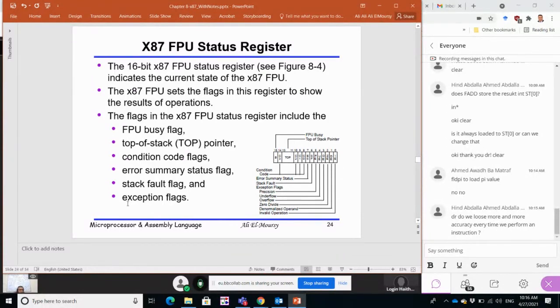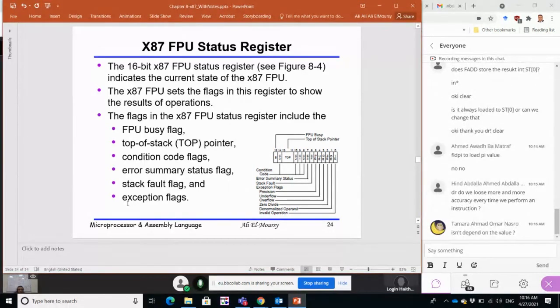Do we lose more and more accuracy every time we perform an instruction? It's not necessarily. Remember that we have a very strong representation for floating point, and you definitely lose some accuracy, but remember that even for the single precision, you have significant bits.